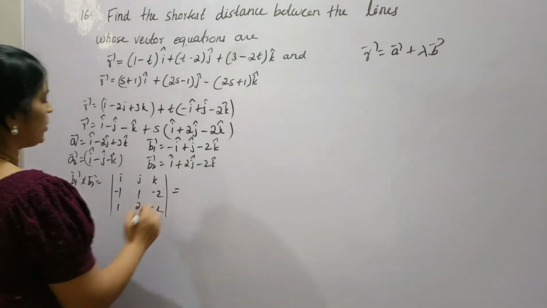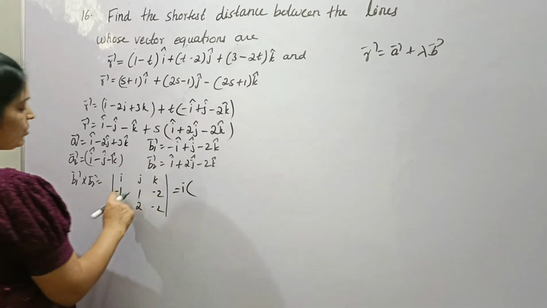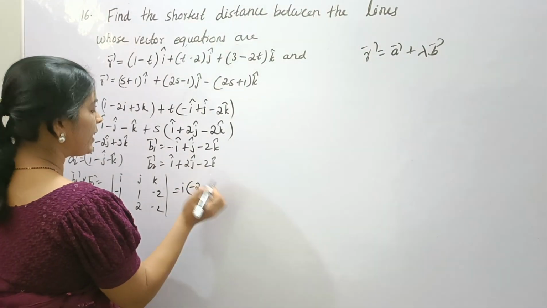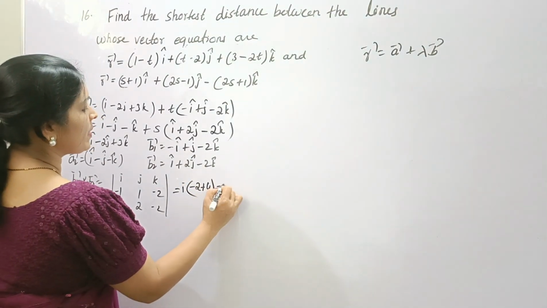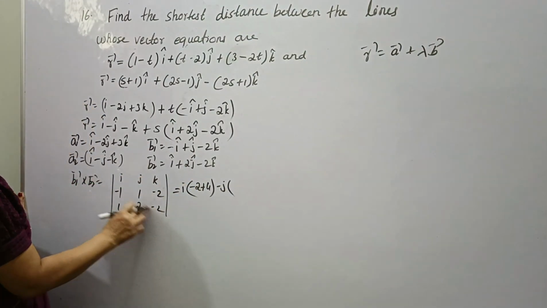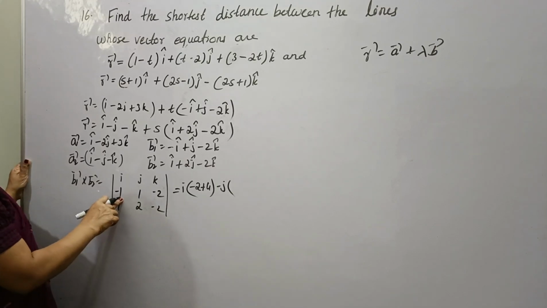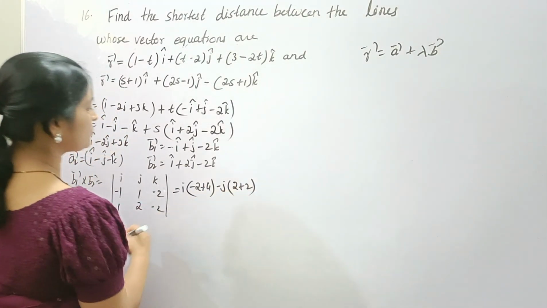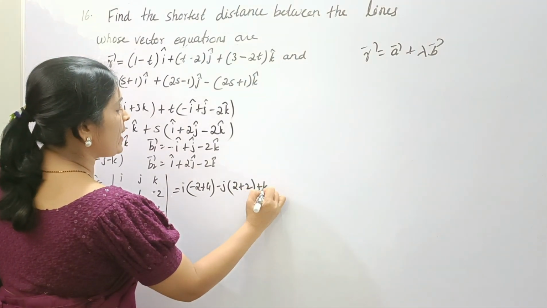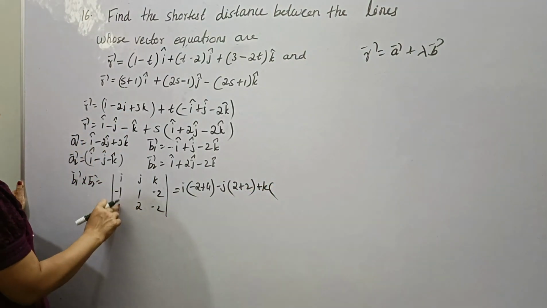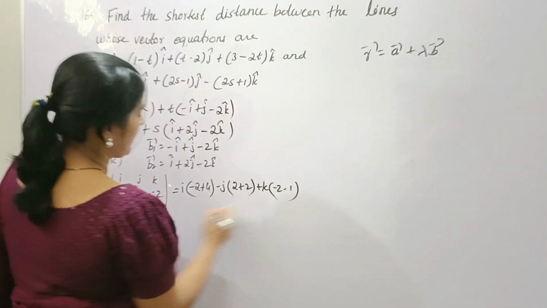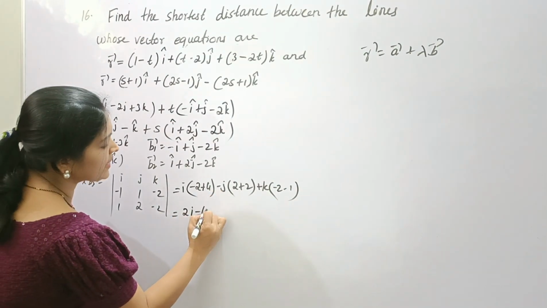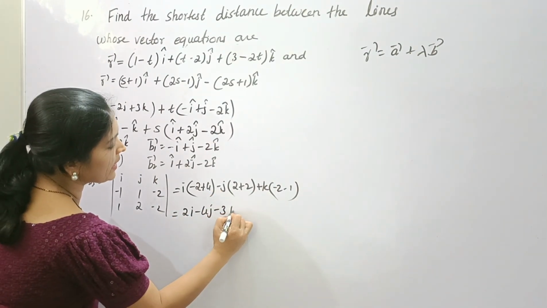So here that is equal to i into minus 2, minus 2, minus minus 4, so plus 4, minus j into minus 2 into minus 1, 2, okay, 2 plus 2, plus k into minus 2 minus 1, that is equal to 2i minus 4j minus 3k.